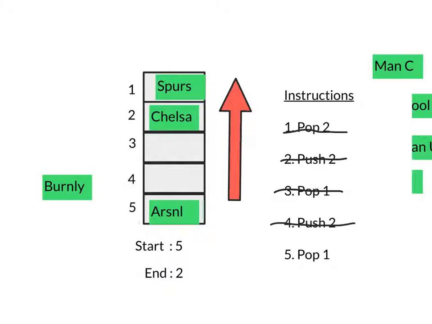Queues can start anywhere and end anywhere, and if the start number gets to the end of the linked list or the array, it simply goes round and starts again. Okay, so here you can see we start at 5 and we end at 2. And a circular queue is much better at organizing and storing data.